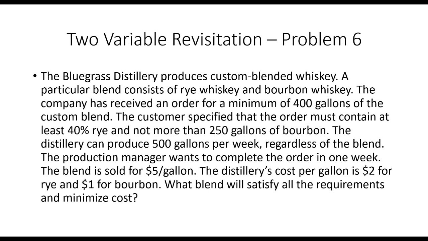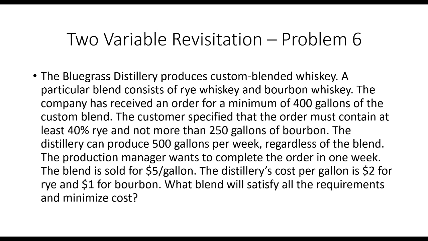The Bluegrass Distillery produces custom blended whiskey. A particular blend consists of rye whiskey and bourbon whiskey. The company has received an order for a minimum of 400 gallons of the custom blend. The customer specified that the order must contain at least 40% rye and not more than 250 gallons of bourbon.